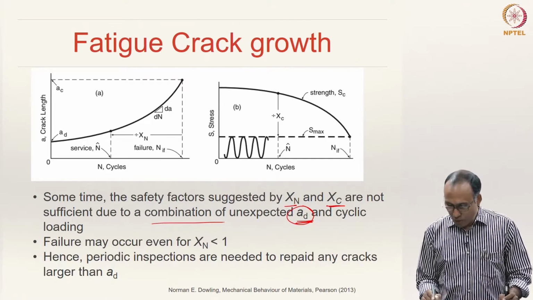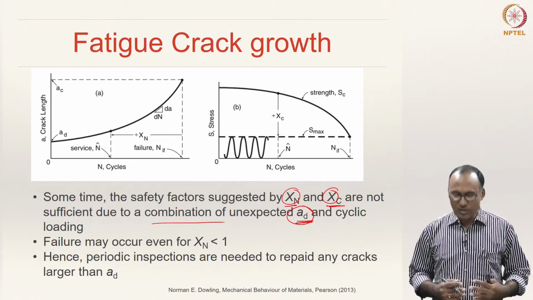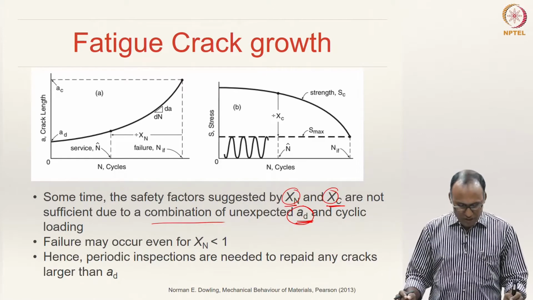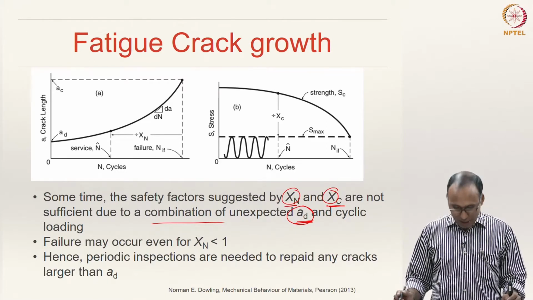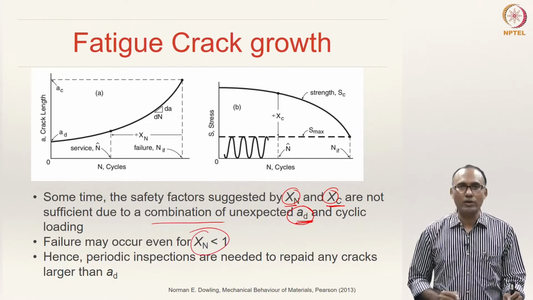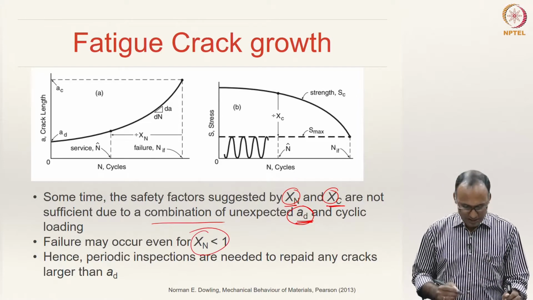And hence X_N and X_C alone, sometimes the suggested values may not be sufficient for the design. Sometimes failure may occur even for X_N less than 1, right, for that reason.